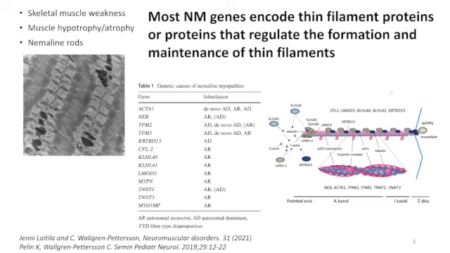Wallgren-Pettersson, Pelin and colleagues, and shows the many genes that are causative of nemaline myopathy. Many target the thin filament, one of the three main myofilaments of the skeletal muscle sarcomere, or they are involved in maintaining proteostasis and maintaining the thin filament.